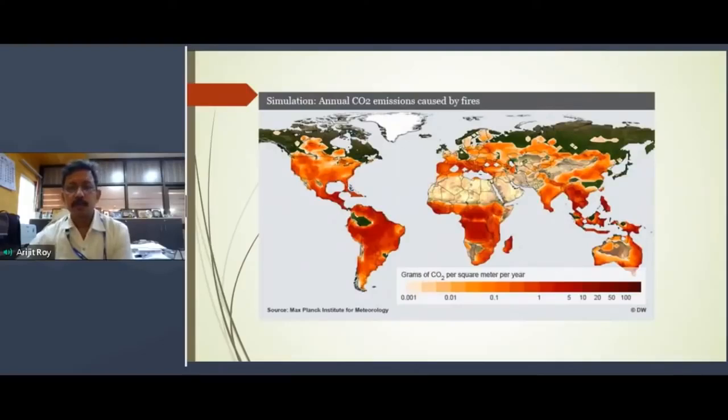And we can see how much carbon dioxide is emitted every year due to the forest fires, and which of the regions are mostly responsible for this. This has been simulated in the map here. This work has been done by the Max Planck Institute for Meteorology in Germany.